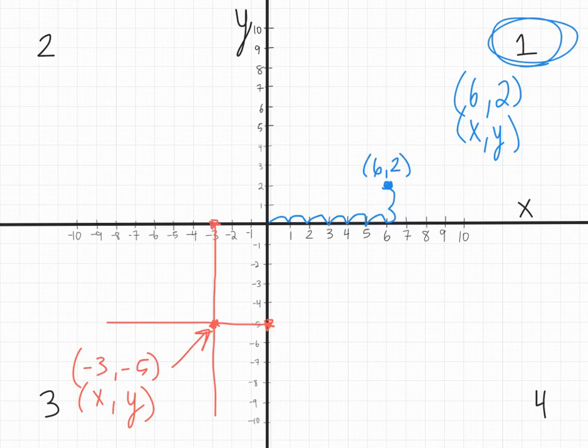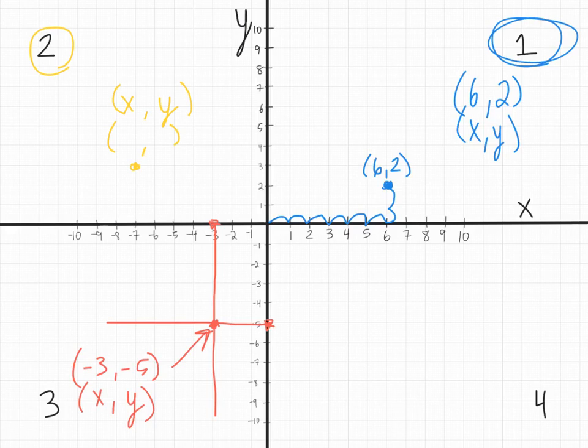Let's try another example. In this example, I have already put a point on the graph for you, and you have to figure out what the right numbers are for that point. What do you think? This point is in quadrant 2, we can tell. I know that the x has to come first and the y has to come second, always. Which number would be for the x for this yellow point?